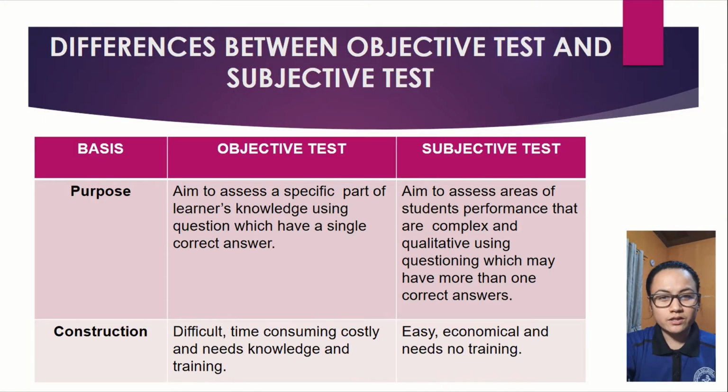Now let's go on to the differences between objective and subjective type of tests. On the basis of purpose, the aim of objective type of test is to assess a specific part of the learner's knowledge using questions which have a single correct answer, while the subjective type of test aims to assess areas of a student's performance that are complex and qualitative using questioning which may have more than one correct answer or more than one way to express it.